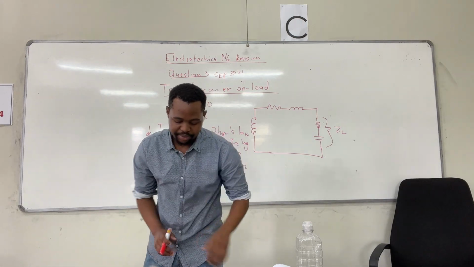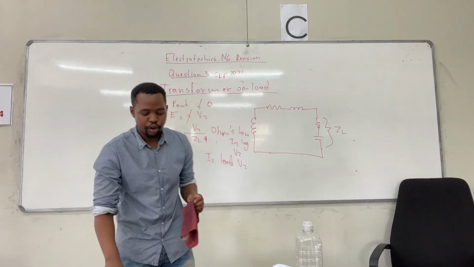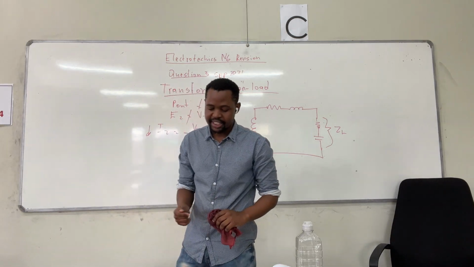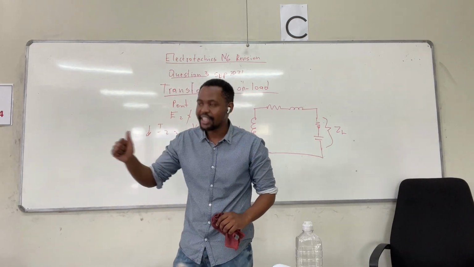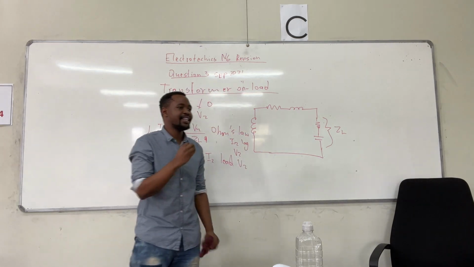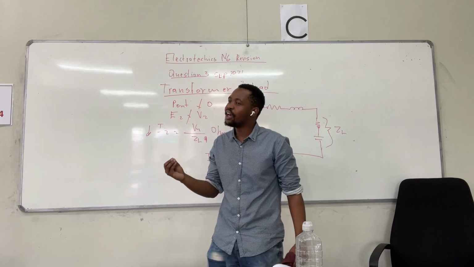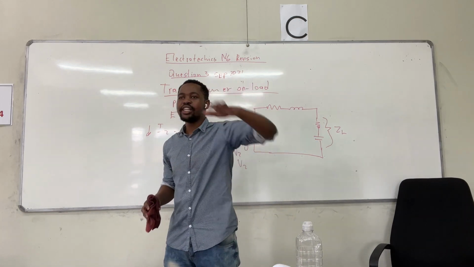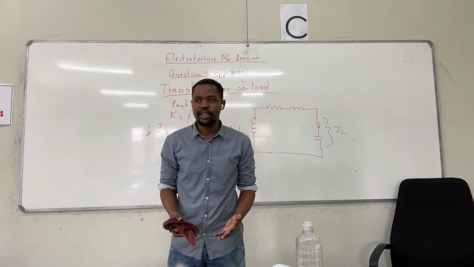We're almost there. Now we're going to talk of equivalent resistance, equivalent reactance, and equivalent impedance. Because now we are dealing with a transformer on load, meaning we must consider all the voltage drops.